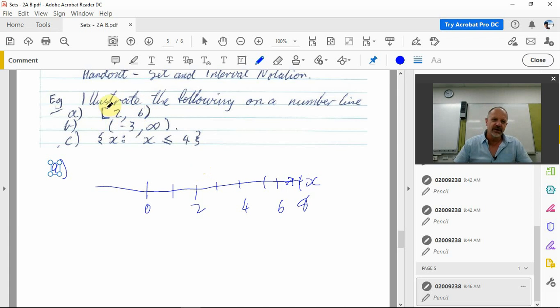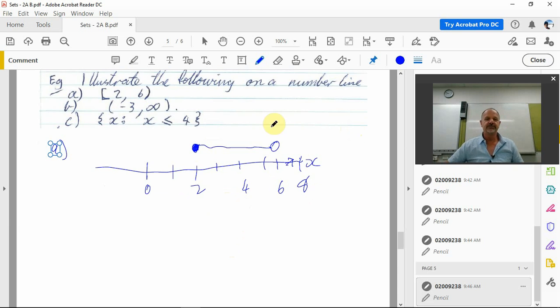So the way we do that, something that's included, we use a dot, coloured in, like that. Something that's not included, we just have an open circle. And then because everything in between is included, we draw a line, connecting.